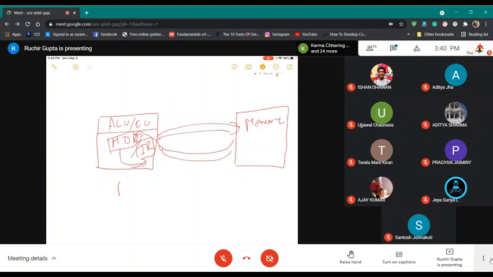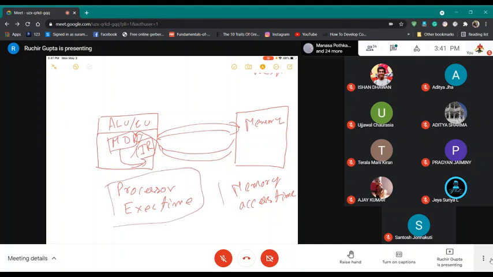In this process, there are two things. One is processor execution time, and another is memory access time. If these times are on the same level, this is not a problem.